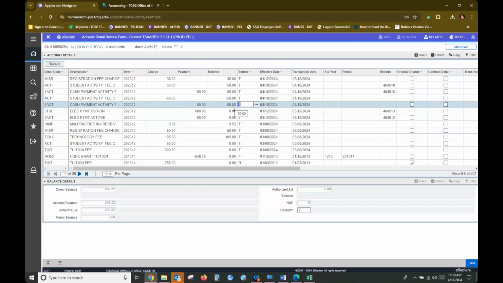They make a $100 credit on the student's account. So you have to make sure that you're putting it in correctly, because it can be confusing. So now I have one ACTI with a negative 50 and one ACTI with a positive 50. That will make zero, and that will zero out the original payment.